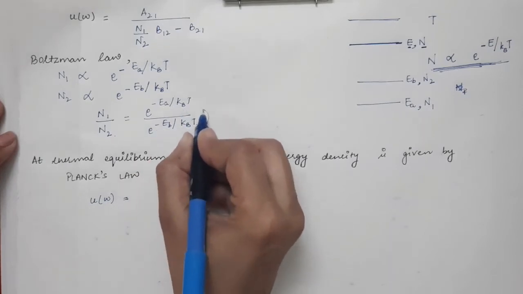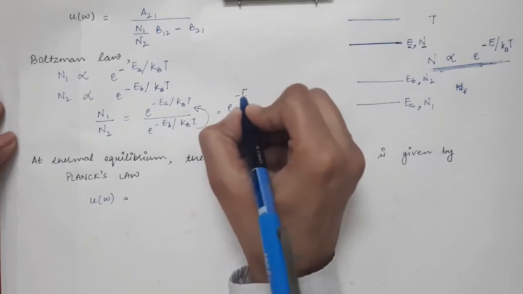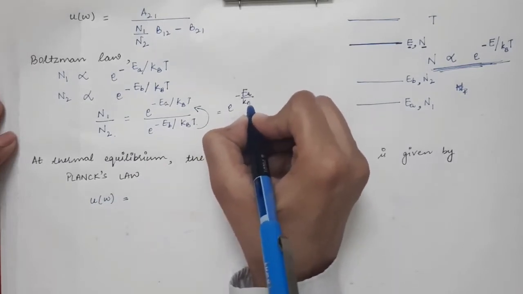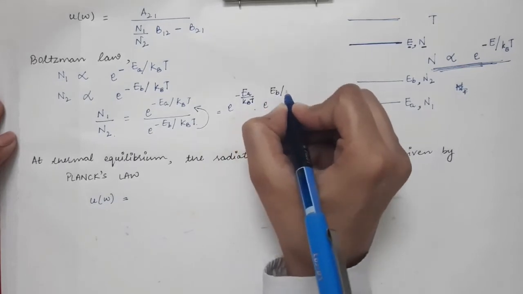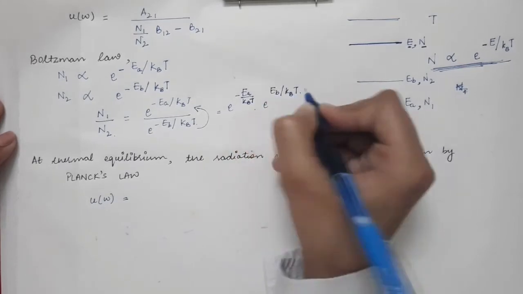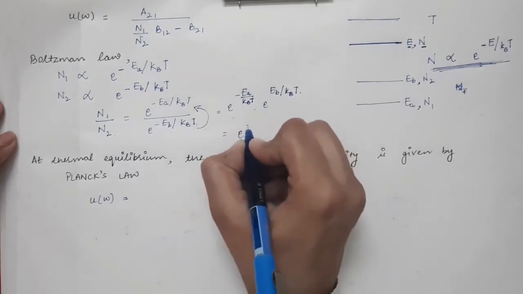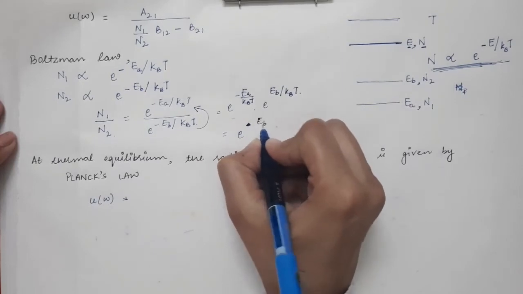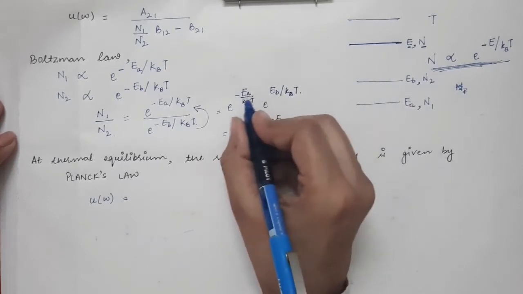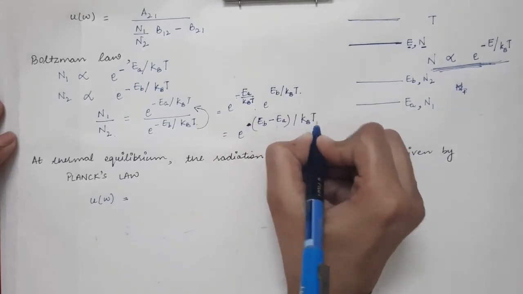So this will be equal to e power minus EA divided by kBT into e power EB divided by kBT. When you club the powers, you will get e power EB minus EA divided by kBT.